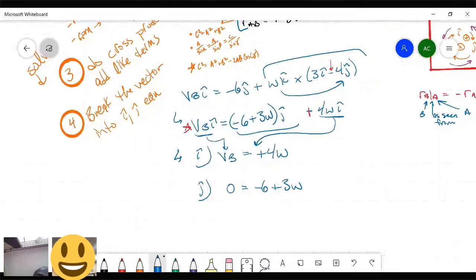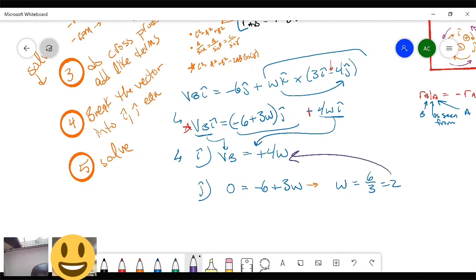And now look, you can solve. Now you have two equations, two unknowns, and you can solve this bad boy. This is how you solve, and then you're done. From here, it's easy. You're going to get W equals 6/3, which is 2. And then you back solve that. You plug that back in to this.